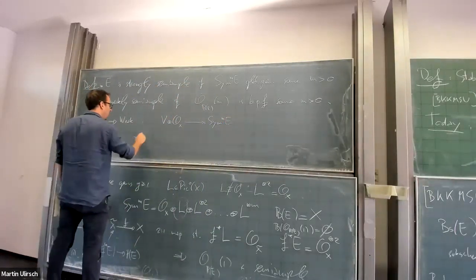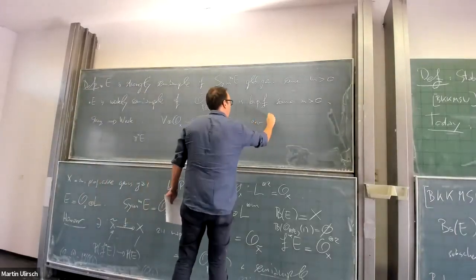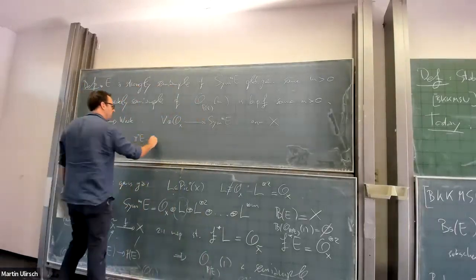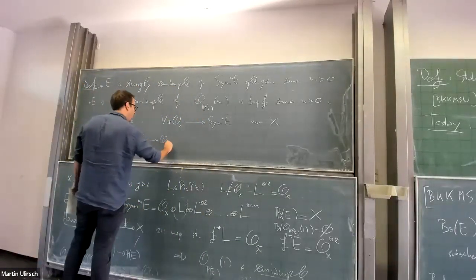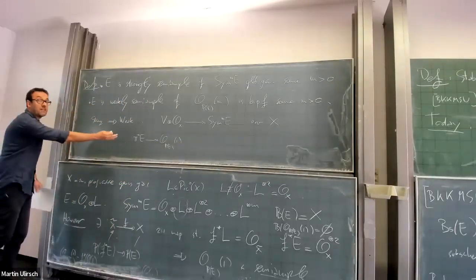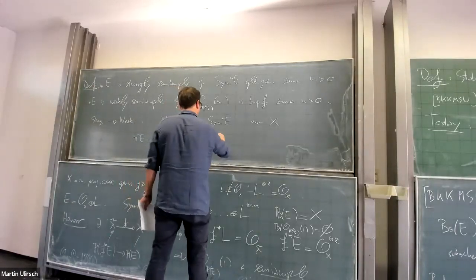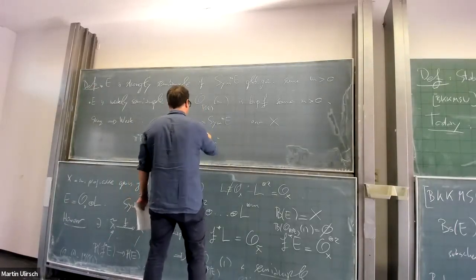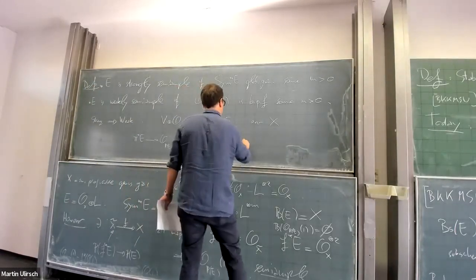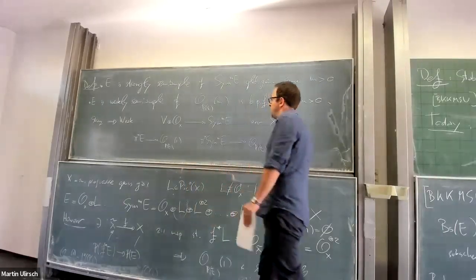Now when we look at pi star E, these are vector bundles over X. We know there is a surjection to O_P(E)(1). And therefore, when we look at the symmetric product of that, pi star of the symmetric product of E surjects to O_P(E)(m).